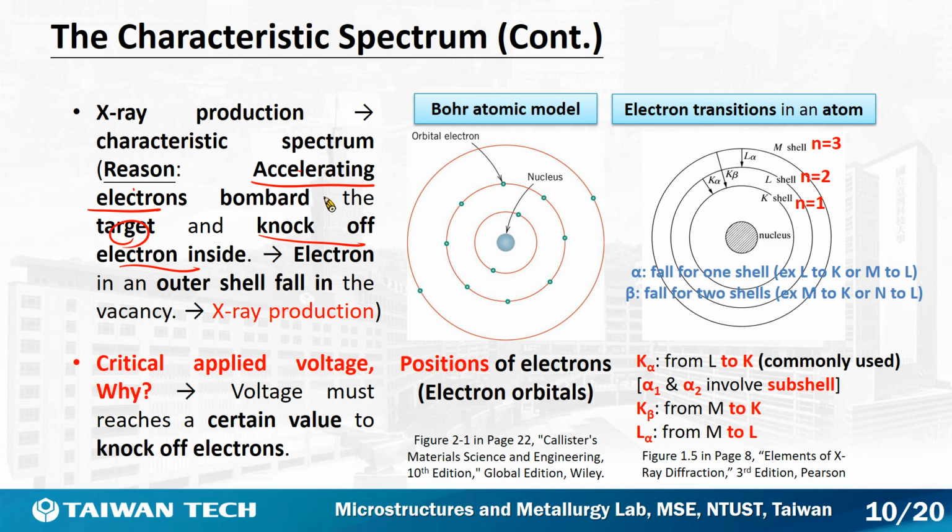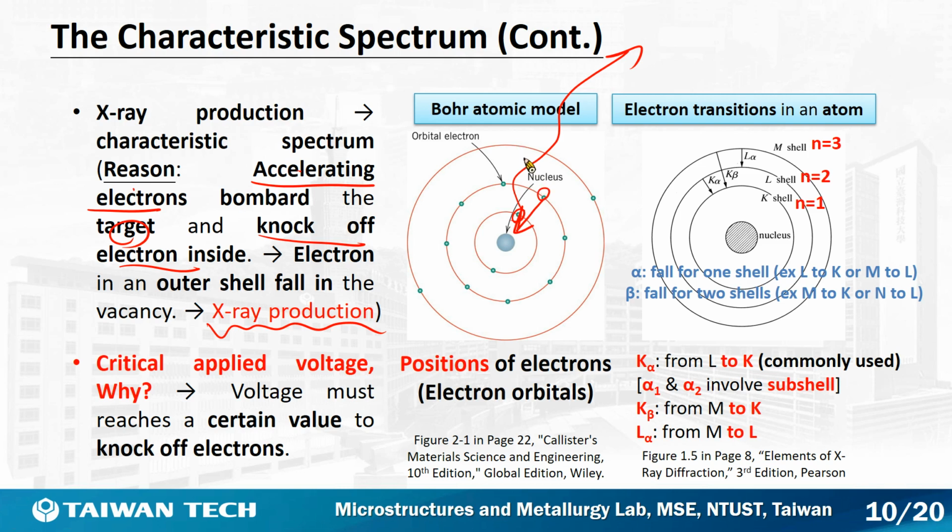It means that the electron inside, just like in this Bohr model, will go out. And then, because the inner side shows a stable configuration, the electrons outside must go in. And for this energy transition, it will produce X-ray here.